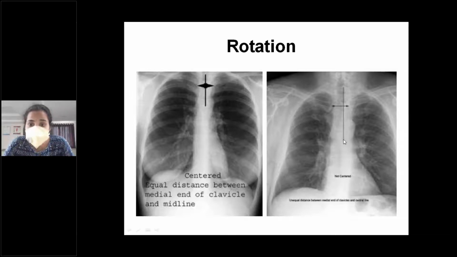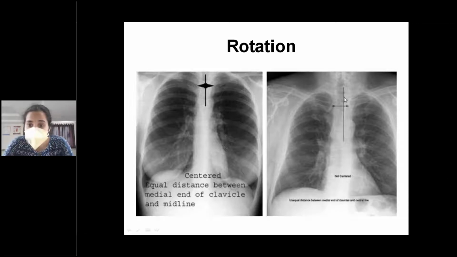Whenever you want to look for rotation on a radiographic film, just draw a line connecting the spinous processes of all the vertebrae. We can see the spinous processes pretty clearly. Then draw lines from that line to the medial ends of the clavicles.